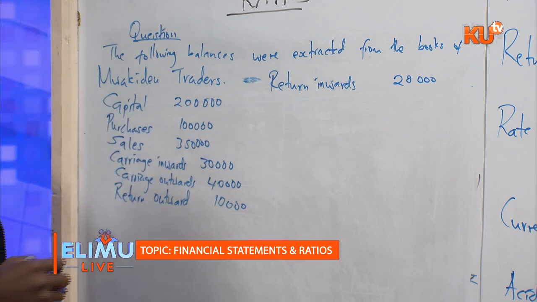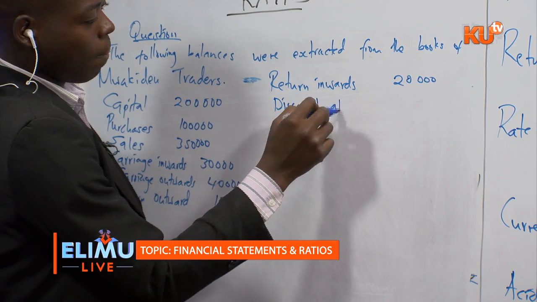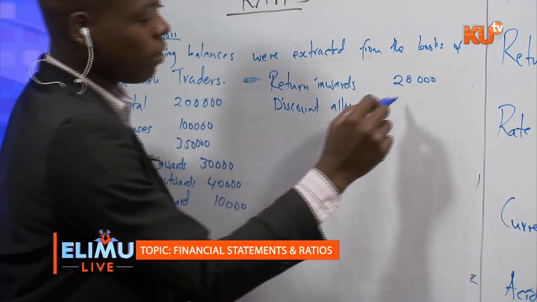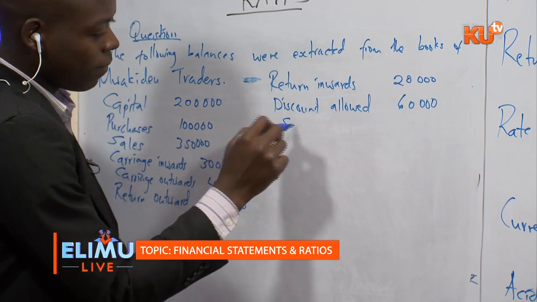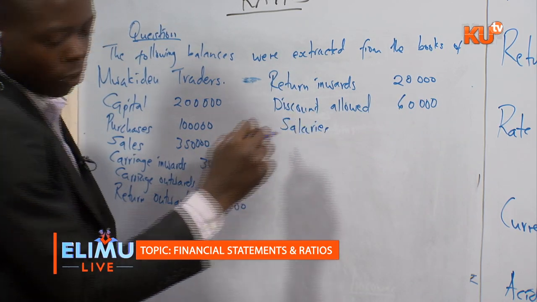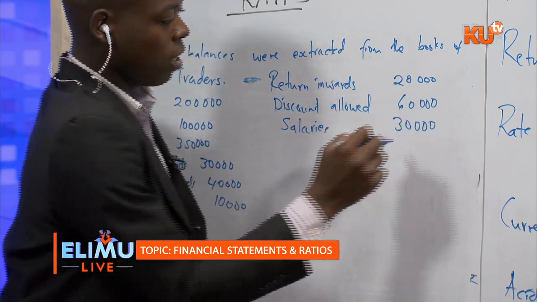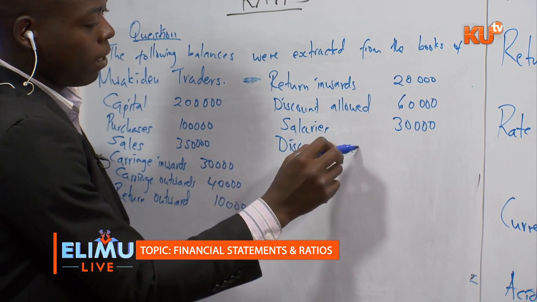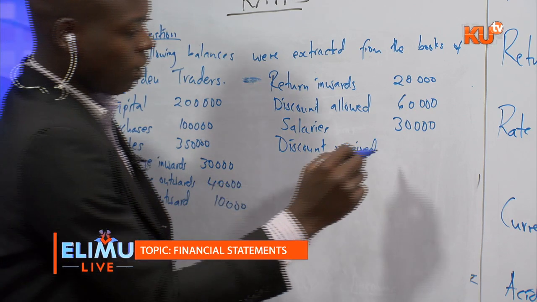And then we have discounts. We have discount allowed, given as 60,000. We have salaries, which are given as 30,000. We have discount received, which is given as 20,000.